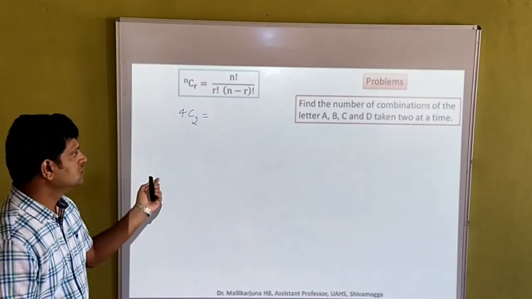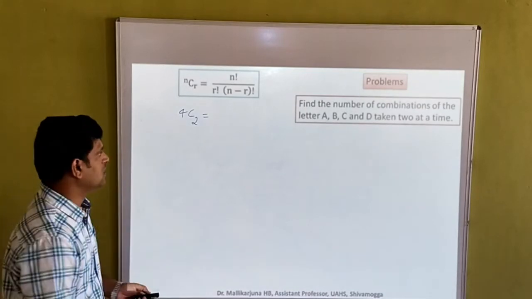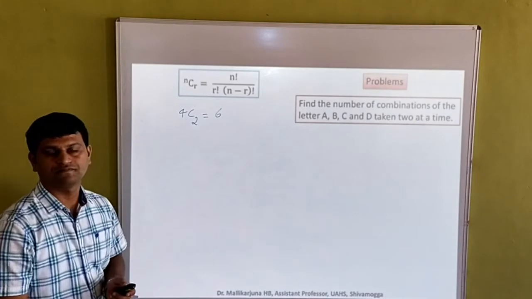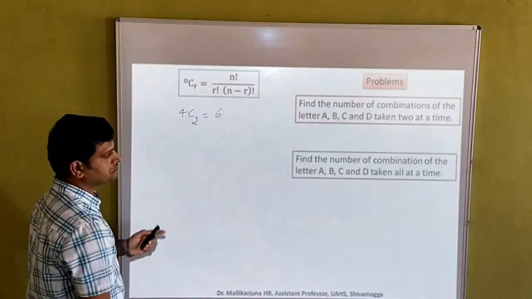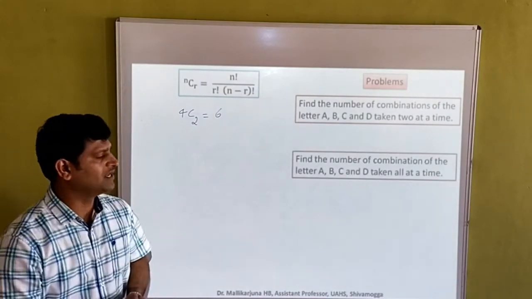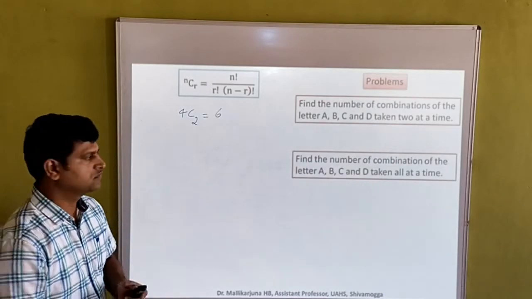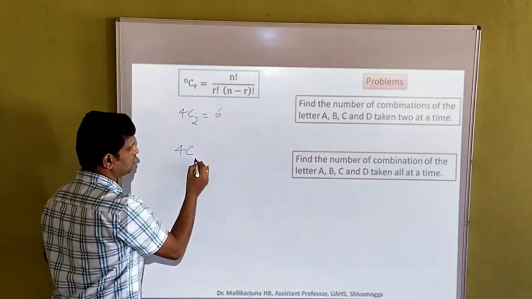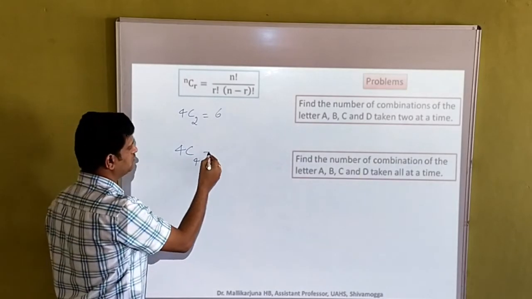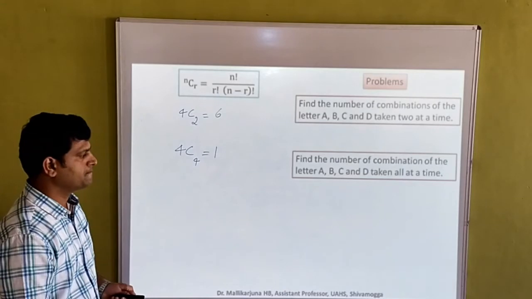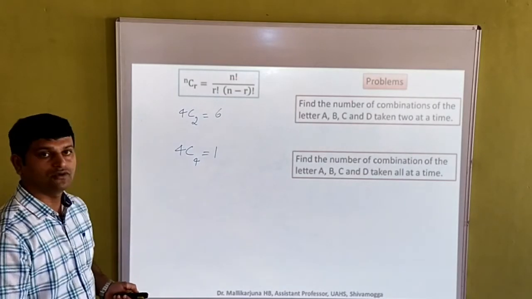In the previous problem, I found the answer: 4C2 is 6. Find the number of combinations of the letters A, B, C and D taken all at a time. So these are 4 letters, 4 all at a time. So 4C4, so 1. The scientific calculator can get it easily.